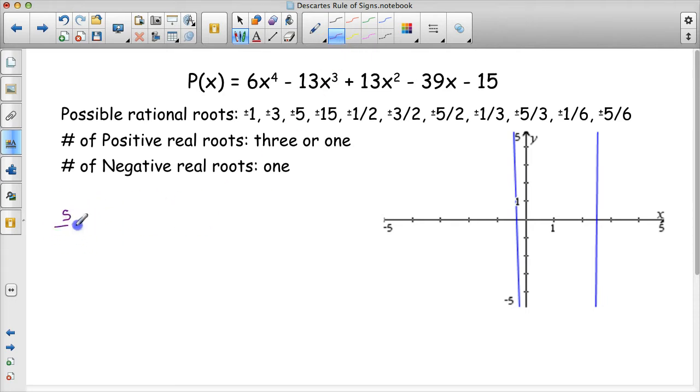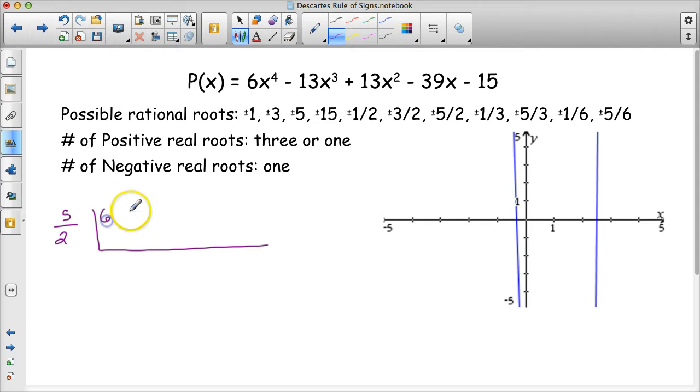So we said that positive 5/2 is the one we're going to check. So we're going to use synthetic division with positive 5/2. Now remember synthetic division, it's an upside down long division sign. We're going to put that factor on the outside, and on the inside we're going to use the coefficients of our polynomial.